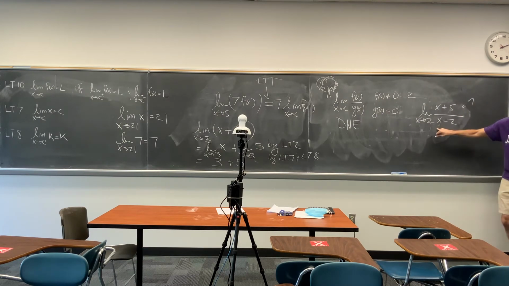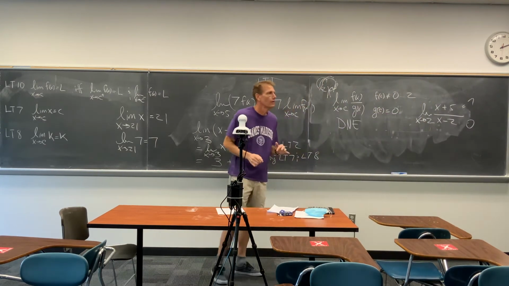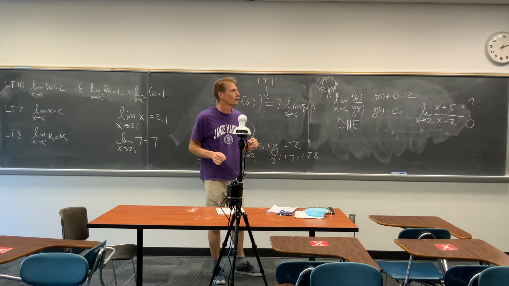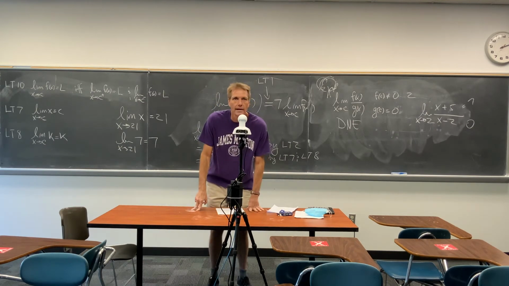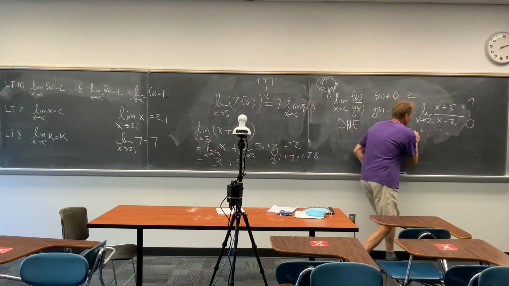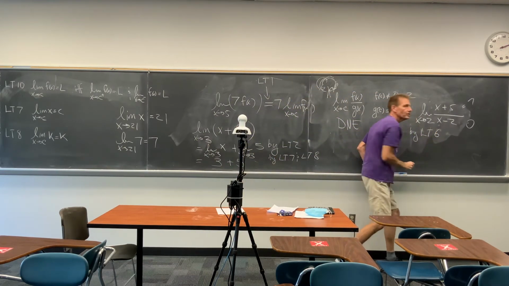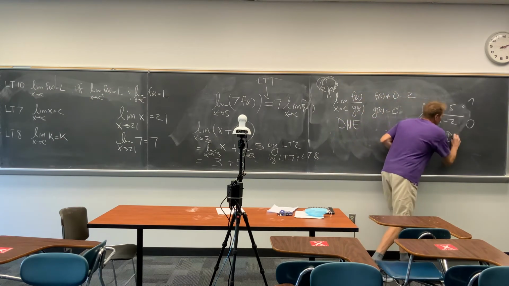But when you plug it into the denominator, what do you get? 0. By my limit tool number 6, we can immediately say, what about this limit? Does not exist.